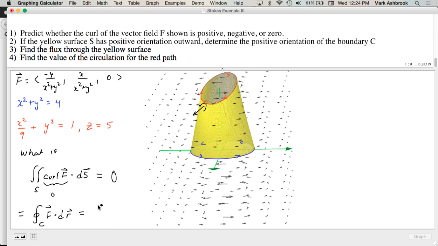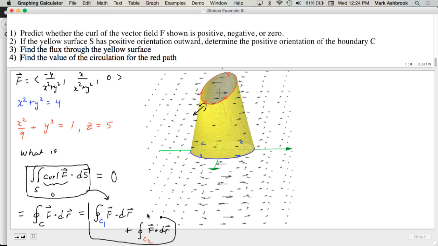Yeah, so you're going to have two: a C1, let's say blue, the bottom, plus the top, C2. So by Stokes theorem, the flux of the curl is equal to the circulation of the boundary, which is broken up into two pieces, so we'd have to add them together.